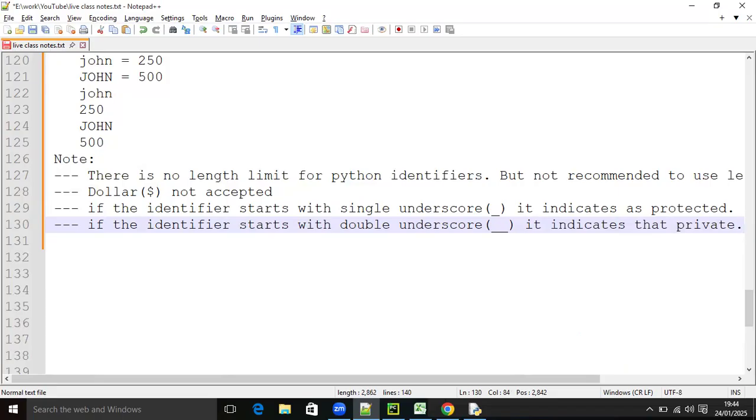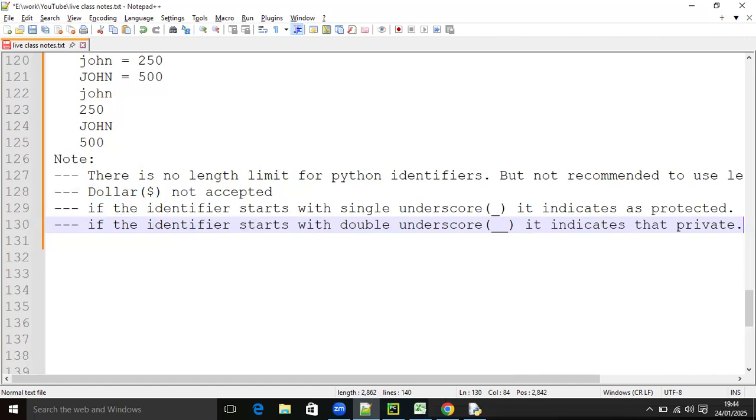Okay, if the identifier starts with a single underscore, it indicates that it is protected, and if the identifier starts with a double underscore, then it will treat that as private.